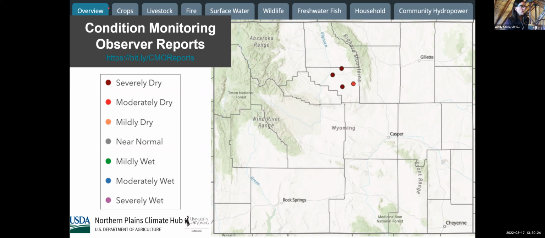So you can check out the CMOR system, and this is kind of the national system of where reports go in, and the US Drought Monitor authors, as well as ourselves, can see and pull these reports on a weekly basis to help us get a feel for what's going on out on the ground.